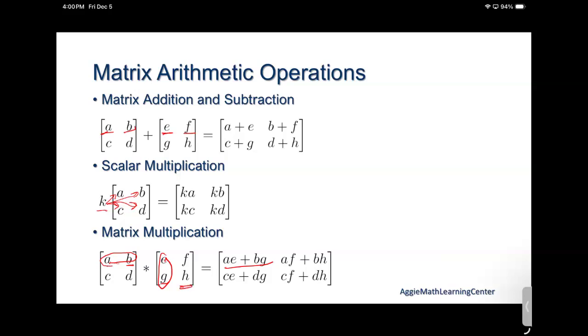So A times F plus B times H. Then down below it's C times E plus D times G. And then finally the last one would be C times F plus D times H. So you go row by each column, and then down one you go row by each column. And then you multiply the terms and add them together. So we'll go over an example, but that's kind of what you do.